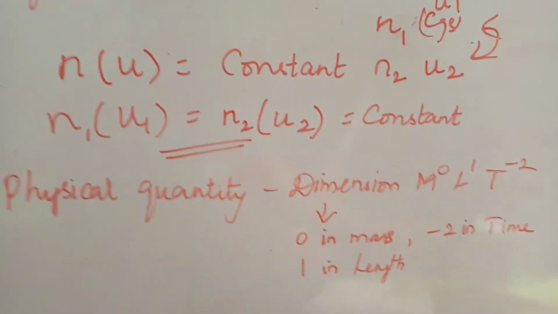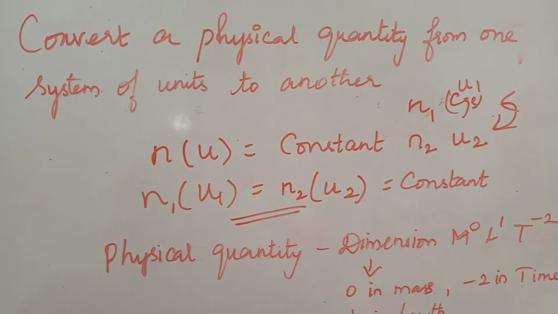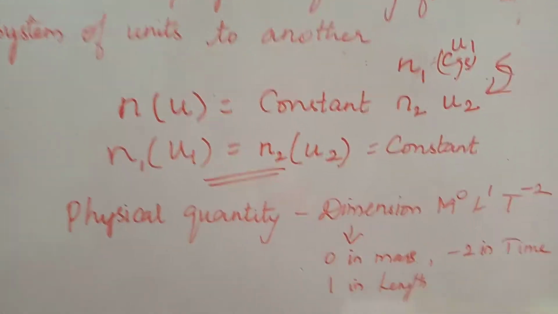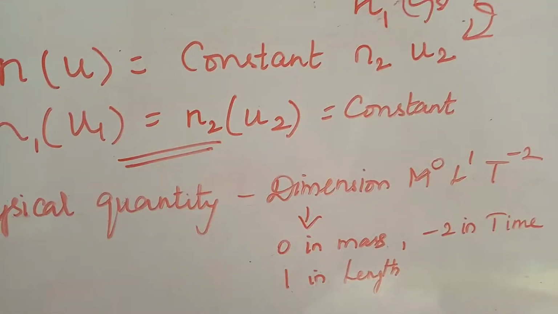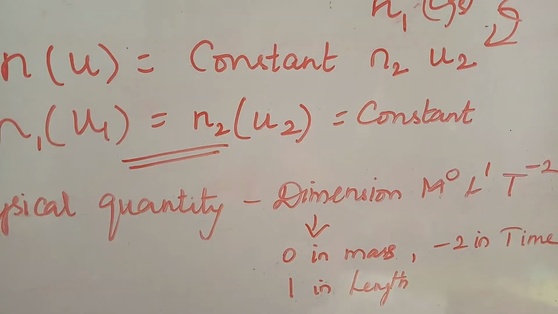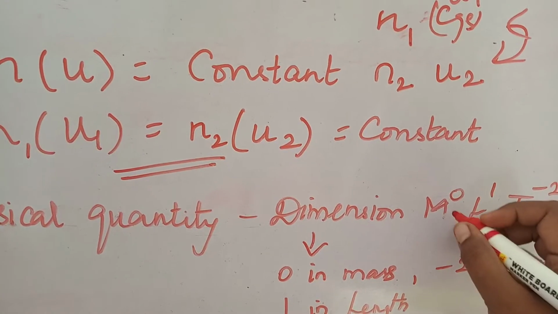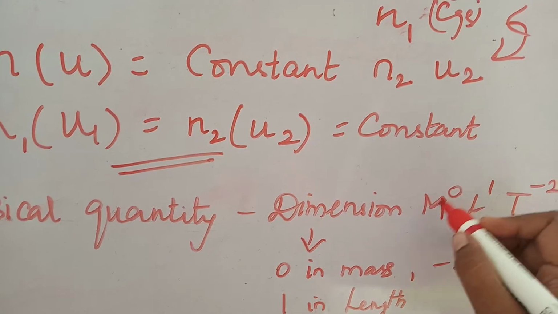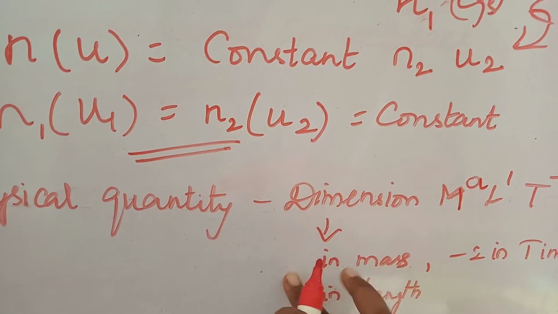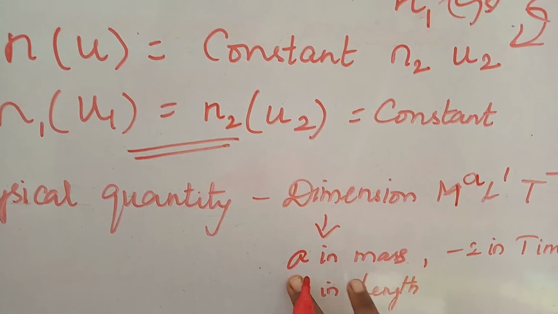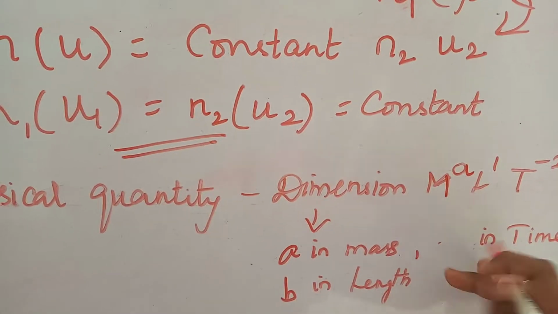In general, we don't mention any particular physical quantity, so let me take these values in general. It depends on the quantity. For any physical quantity, let me take a value in mass, b value in length, and c value in time.